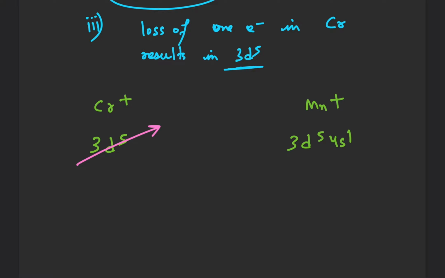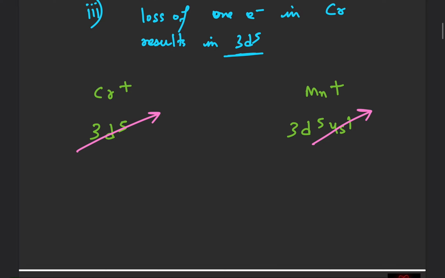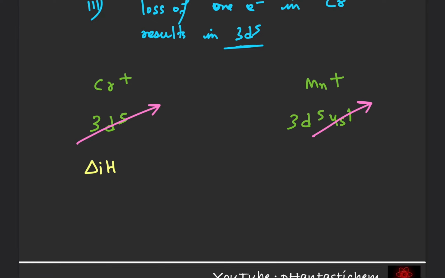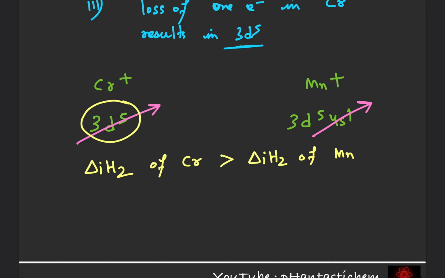Here we have to knock out the next electron from a 4s orbital. And the ΔiH2, or the second ionization enthalpy of chromium, is greater than the ΔiH2 of manganese. Okay, because after removal of first electron, chromium has acquired a very stable configuration of 3d5, and the removal of second electron or the next electron is very, very difficult.